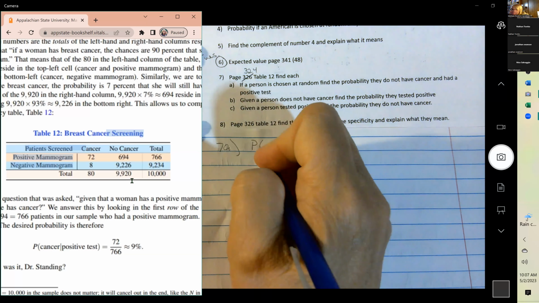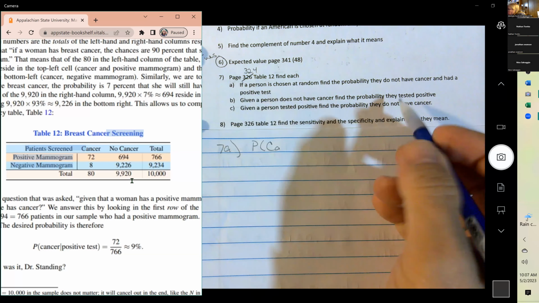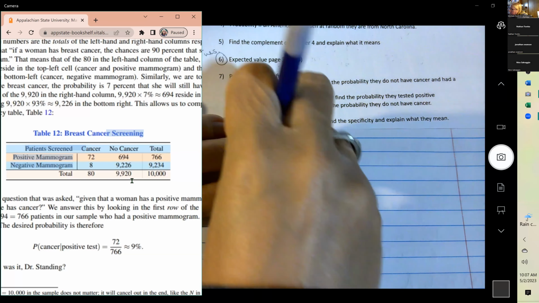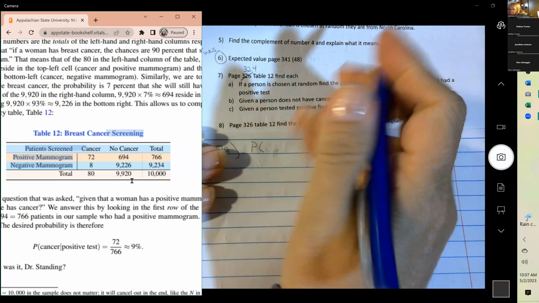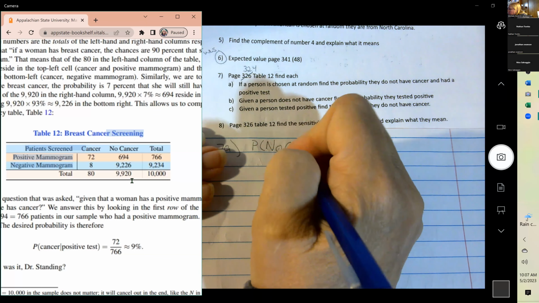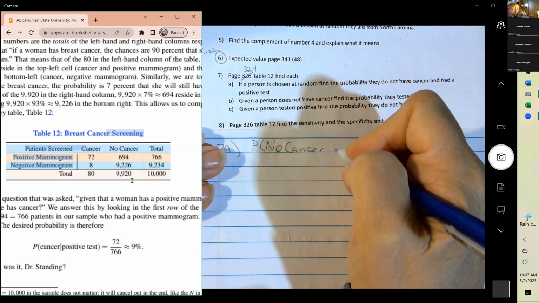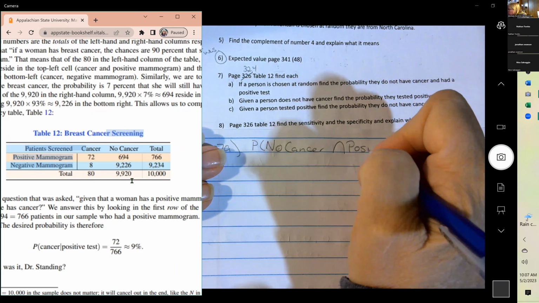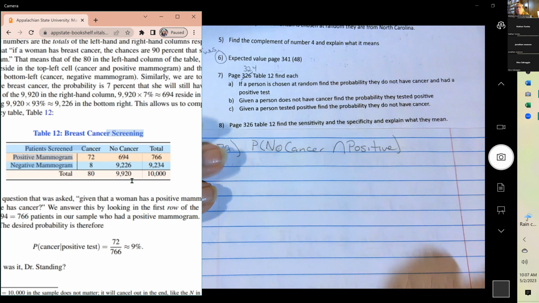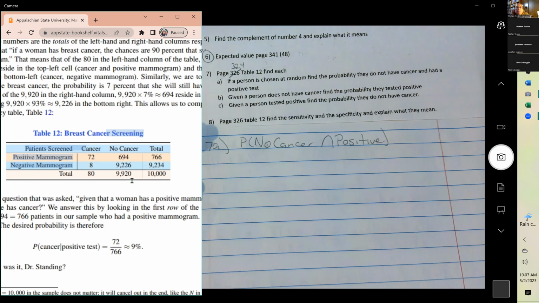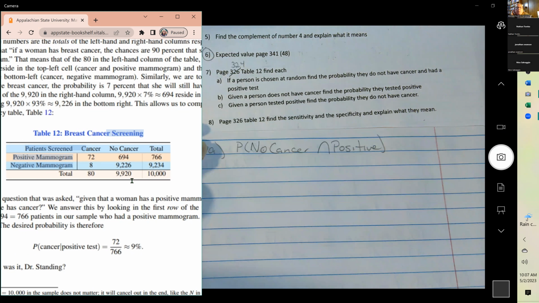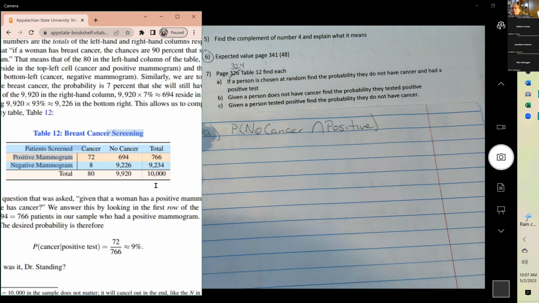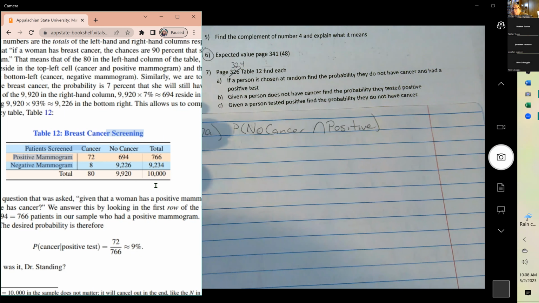So this would be the probability they do not have cancer and positive test. So a person is chosen at random. That means we're using all 10,000 people.